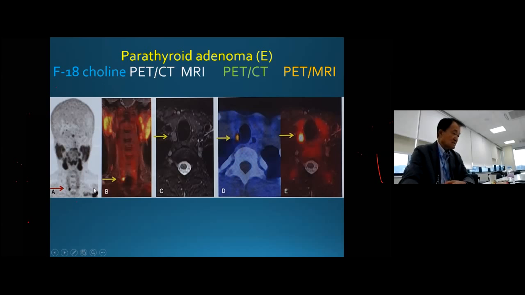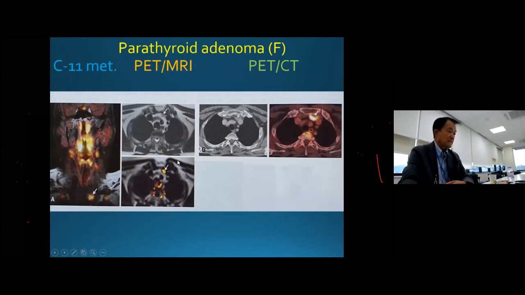And then you can see also very focal intense increased activity here, right behind on the right side, so E type. So using choline, it shows also, but any amino acid may show also. So this is another F, anterior mediastinum here, a small nodule.